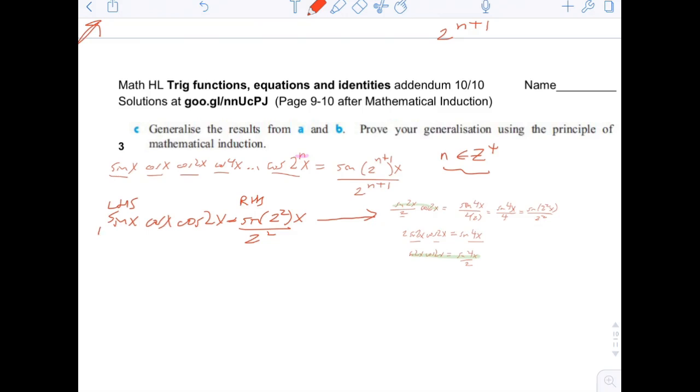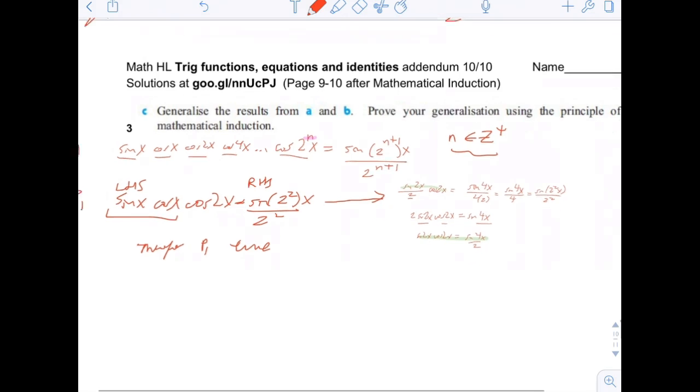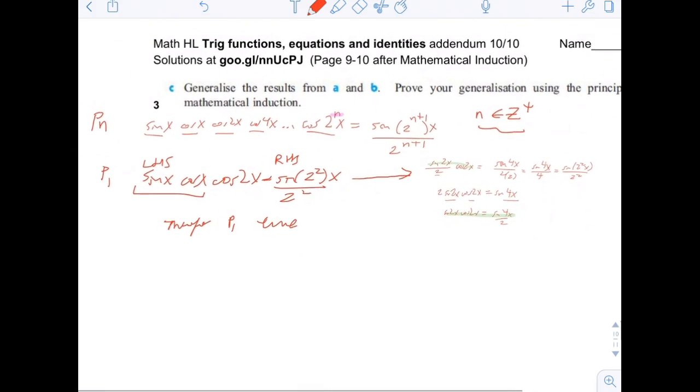Basically what we did was we grouped sine x, cosine x together. We made that into 1/2 sine 2x, and sine 2x, cosine 2x, we made that into 1/2 sine 4x. So we ended up proving that there. So therefore, P1 is true, okay?